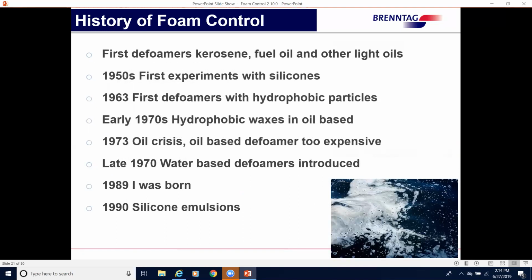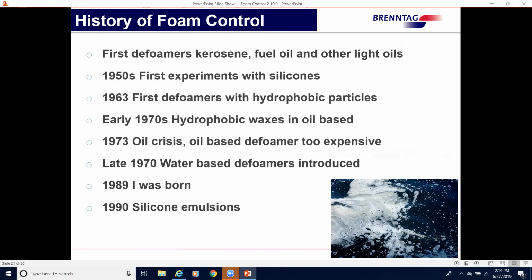So here's a quick history of foam control. The first defoamers were things like kerosene, fuel oil, and other light oils. These items were most commonly used as they would float to the top of the liquid that they were introduced to, therefore knocking the foam down. In the 1950s, they started experimenting with silicone-based defoamers.